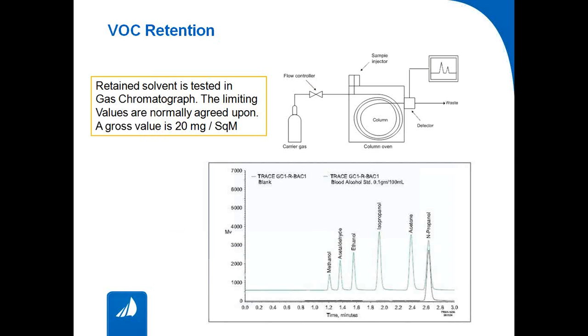VOC retention we normally do with a GC. I think you all know this, and we take samples. Every production lot will go through this testing, and we see what are the levels of ethanol and all the targeted solvents. We know what all materials can be there, and there are restrictions declared by the international standards and the national standards.